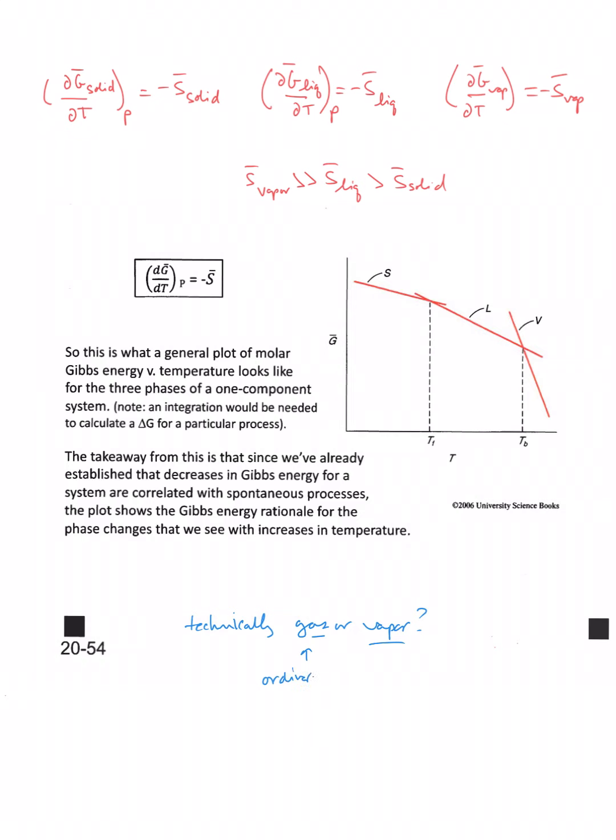So you talk about hydrogen or oxygen as a gas at room temperature and pressure, whereas a vapor is something that's a liquid or a solid under normal conditions.